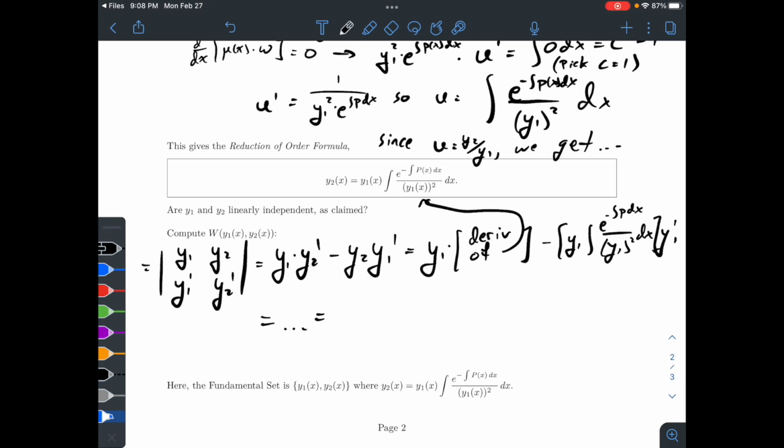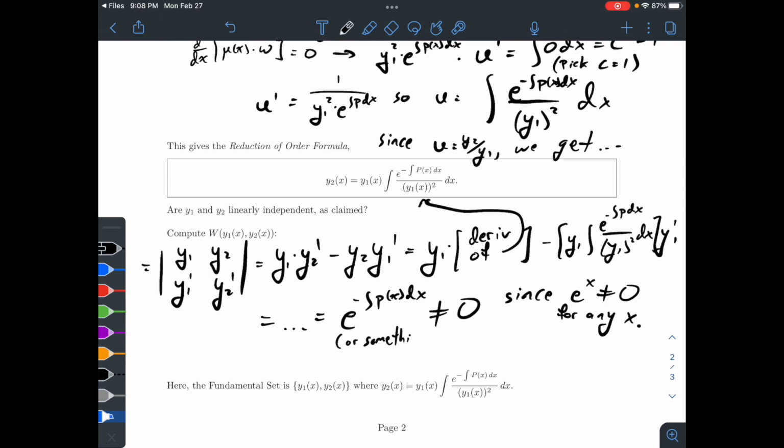When you do this, I think you end up getting e to the negative integral of p of x dx, which is not equal to 0 since e to the x is not equal to 0 for any x. It might not be exactly that, it might be e to the positive integral of p of x, something like that. I'm pretty sure that you just get e to the something, and then you conclude that it's not equal to 0. But not too important for now.